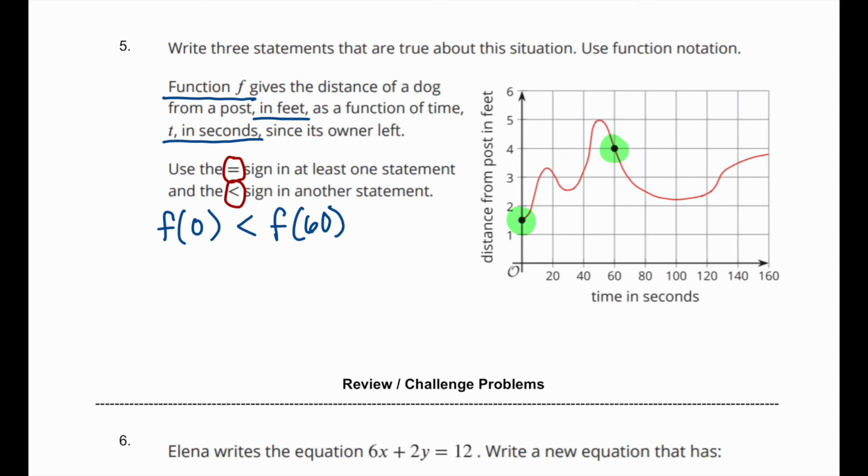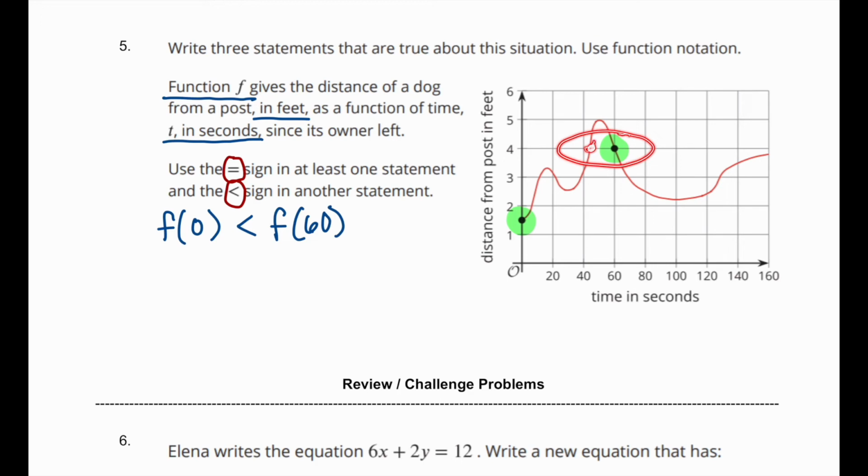If you're finding something that's equal, you need to write a statement where you find two values at the same amount. So say I wanted to write one where it was equal to this point. I do see another point just to the left of it where the dog was also 4 feet away from the post.